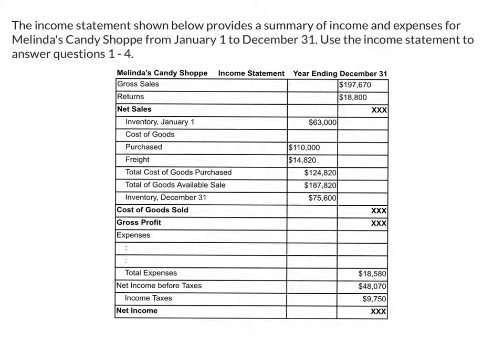These values are values that the business already knows. So we would already know the gross sales, the returns, inventory, and then our expenses. We're going to use these values to compute the net sales, cost of goods sold, gross profit, and net income.